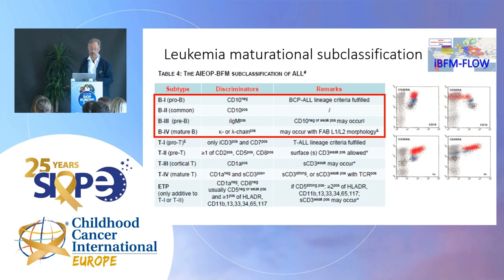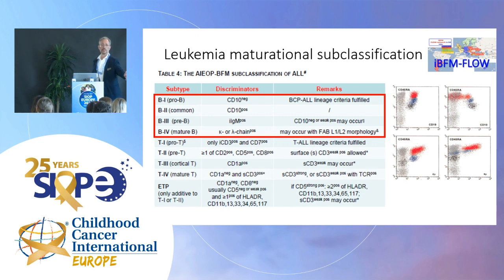So we come to leukemia maturational subclassification. This is from old times. B1, so this is the ALL subclassification. B1, B2, B3, B4. B2 is the so-called common ALL, expressing CD10. And in old times, it was thought, oh, this is just maturational hierarchy.